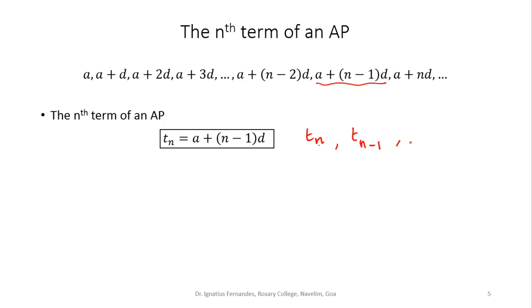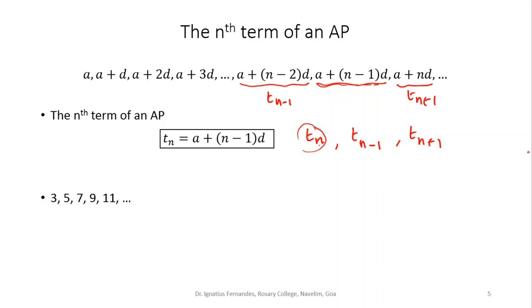If I have to say the n plus 1th term, I'll say Tn plus 1. So the nth term Tn, we wrote as A plus n minus 1 into D. So this is our n plus 1th term. This is our n minus 1th term and so on.